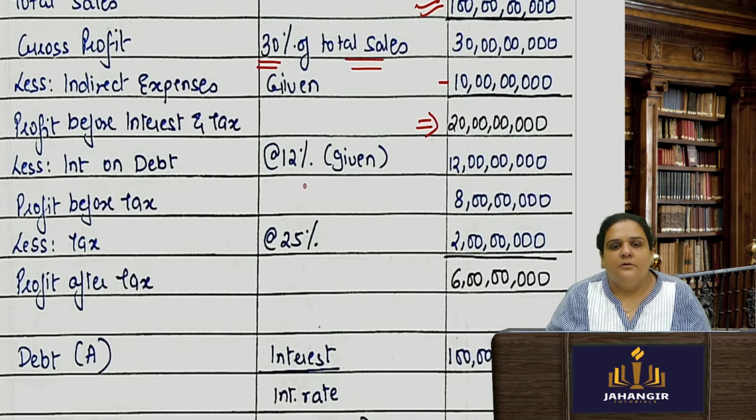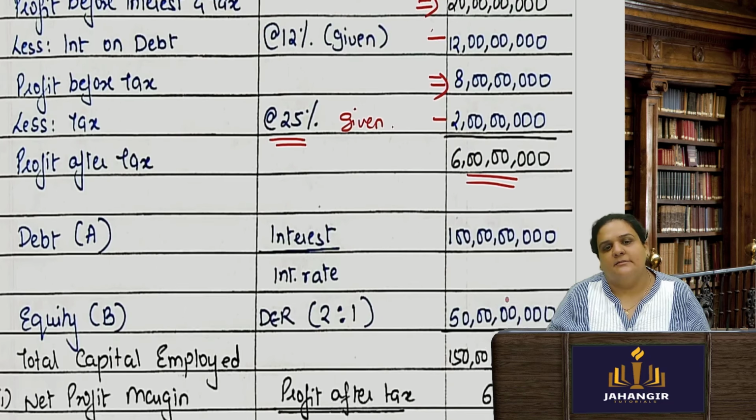Profit before tax 8 CR. Less tax 25%. So 2 CR. Profit before tax is 8 CR, minus 2 CR, 6 CR is my net profit after tax.